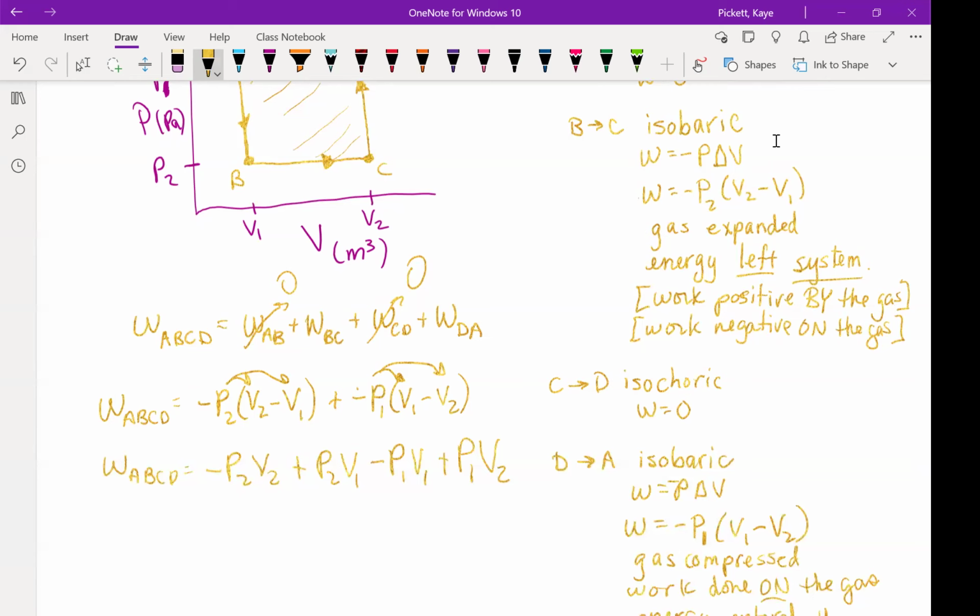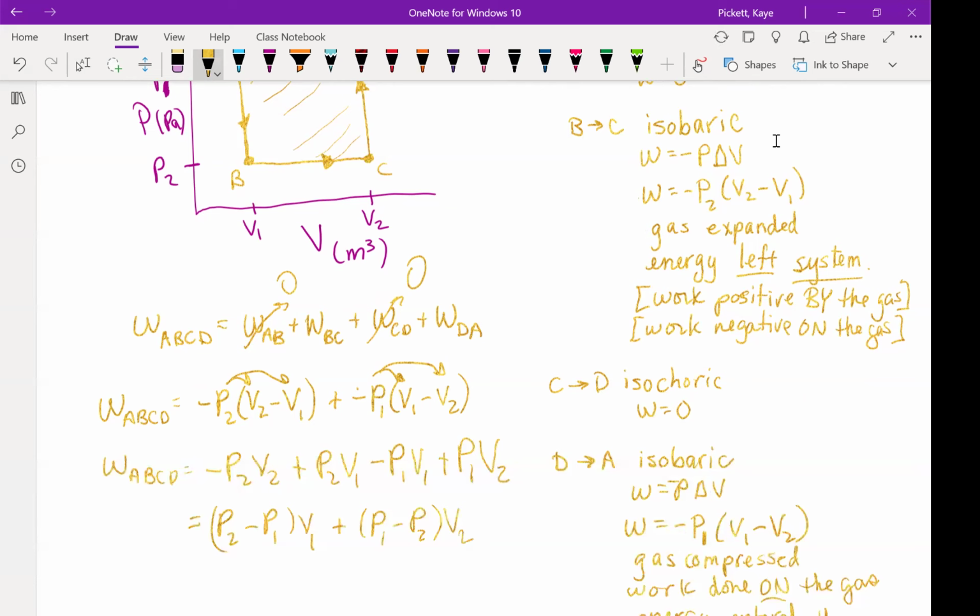So let's take my V1s together. So I've got P2 minus P1 times V1, plus P1 minus P2 times V2, which looks awfully similar to what I had before. It's just rearranged.